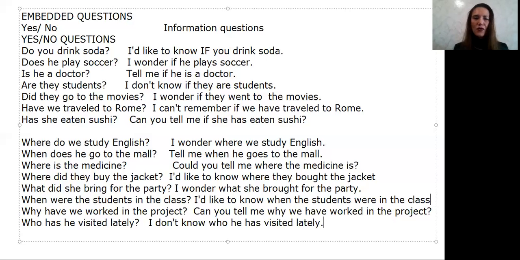Okay, I guess the ones that can be a little bit complicated are the ones in past tense, because you have did, and then you need to transform the verb. For example, did she drive a car? And I'd like to know if she drove a car. So in this case, that's why you need to practice, in order to make this an immediate question without having to think about it so much, okay?